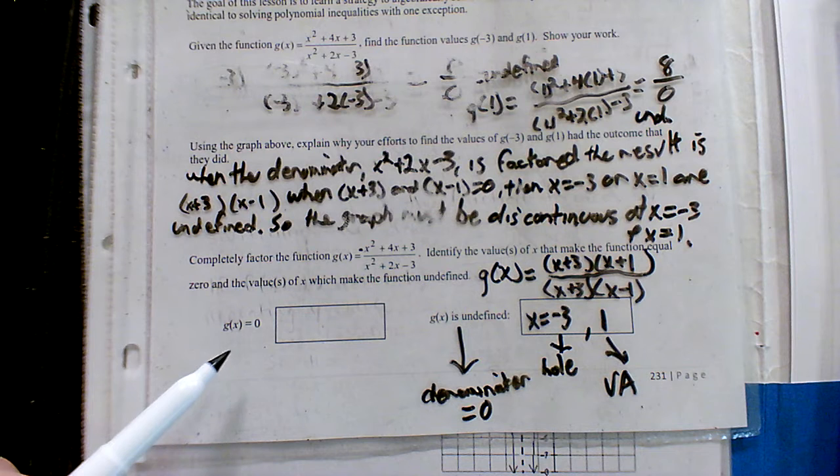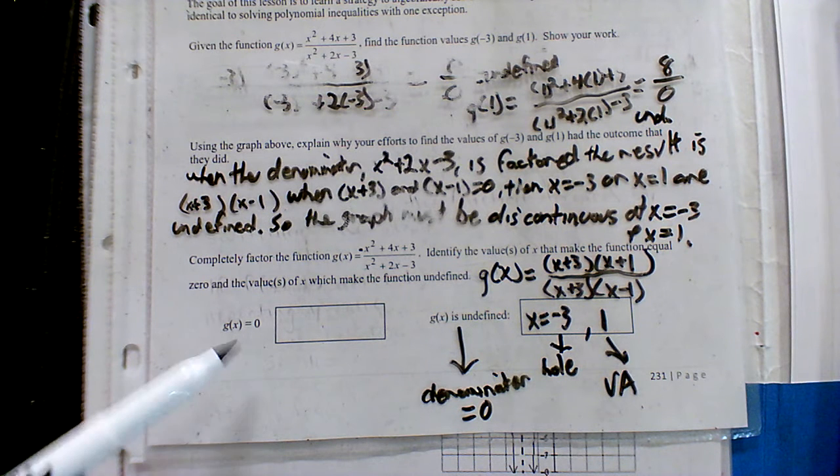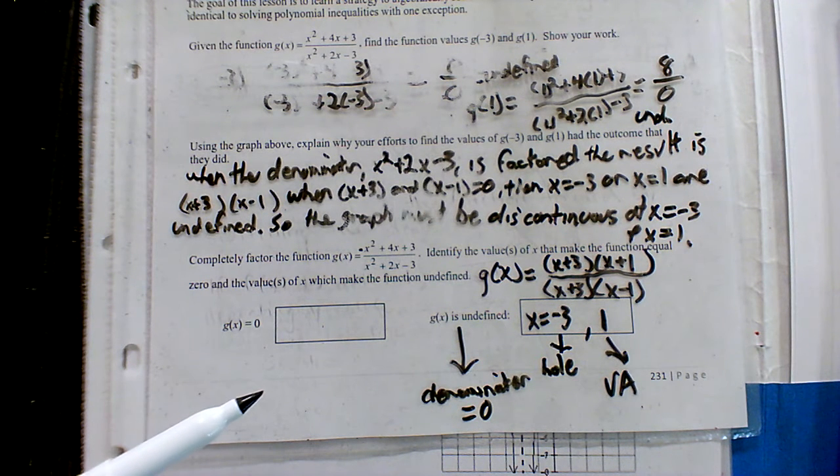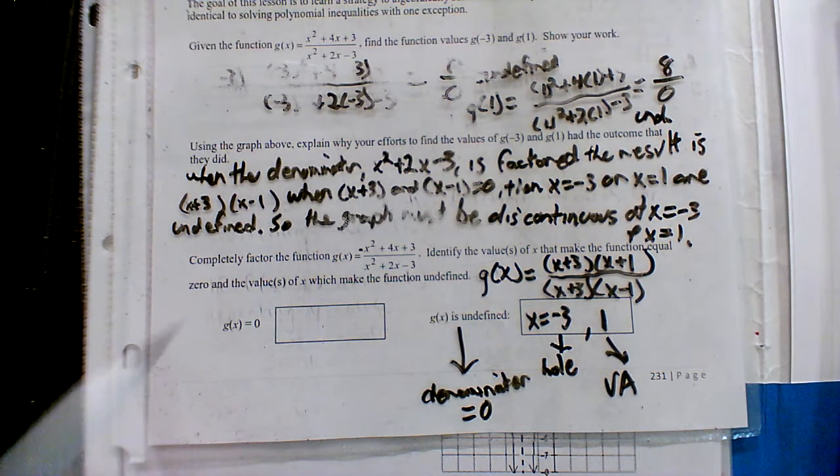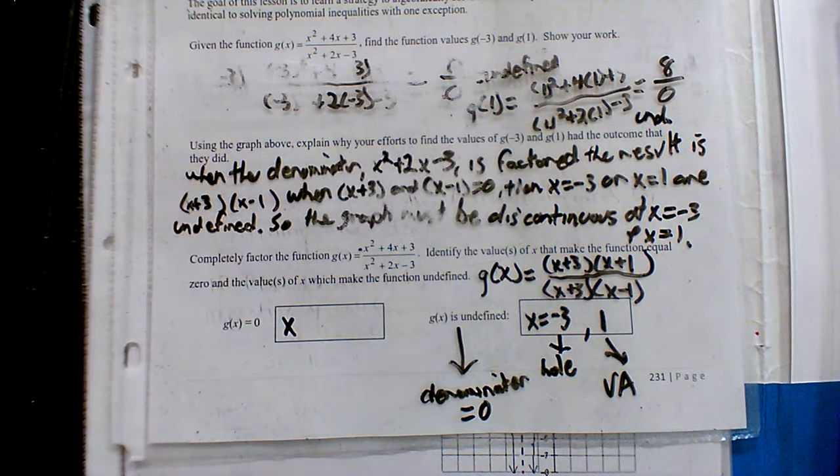Let's try to find out when g of x is equal to 0. So we found out when it was undefined. Remember, we set the bottom equal to 0, and we were able to find that. So let's look now at the numerator. When is g of x equal to 0? At what x values?